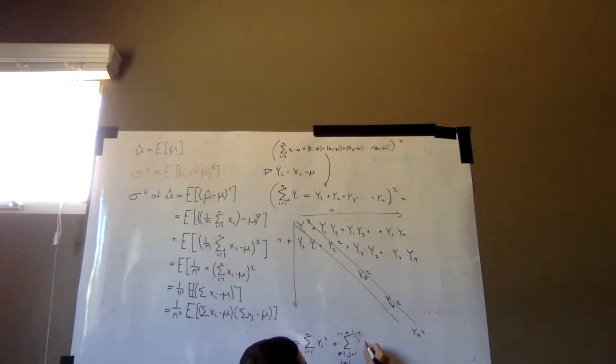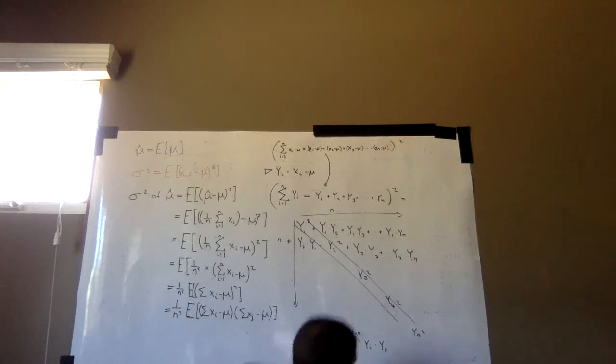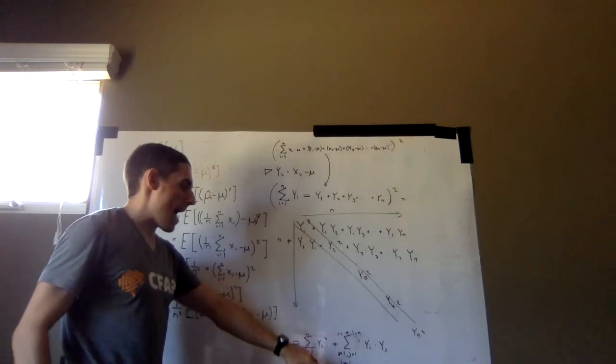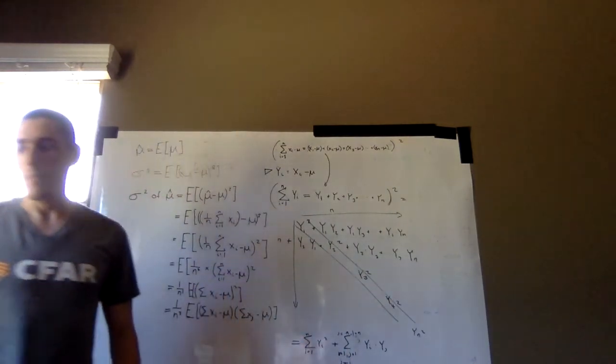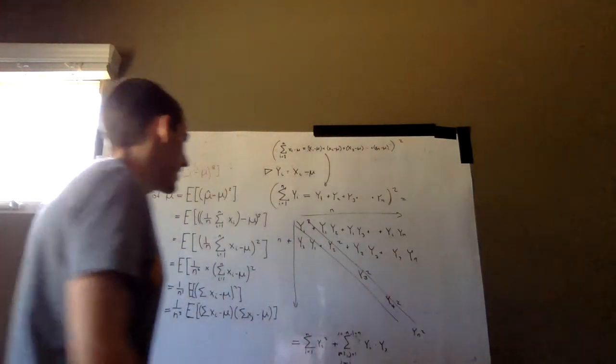And we have yi times yj. So this is sort of thought of as a loop within a loop.